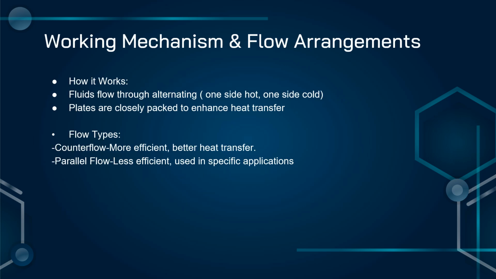Okay, now we are going to explain how the plate heat exchangers work and their flow arrangement. So let's start with how it works. The main functionality of a heat exchanger is to transfer heat between two fluids at different temperatures.